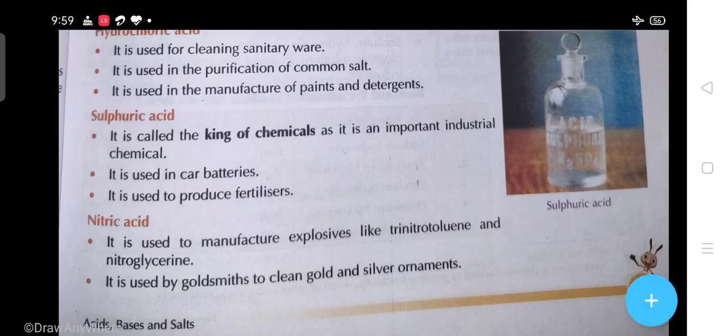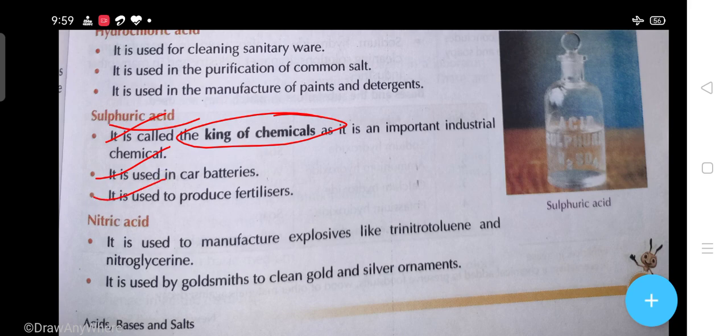And sulfuric acid. Sulfuric acid is also called the king of chemicals, as it is an important industrial chemical. It is used in car batteries.